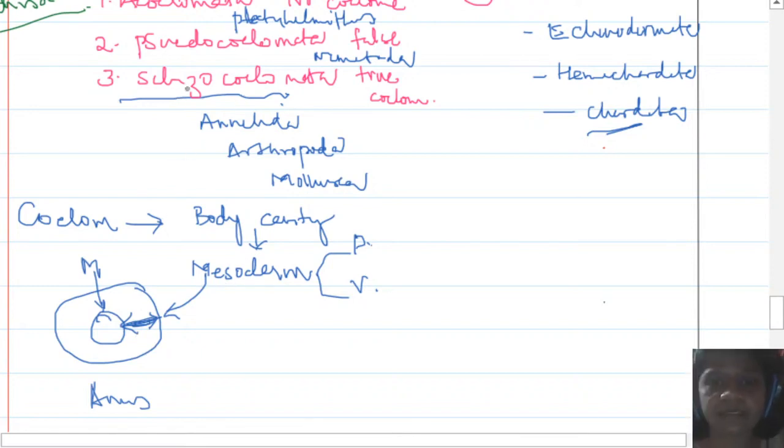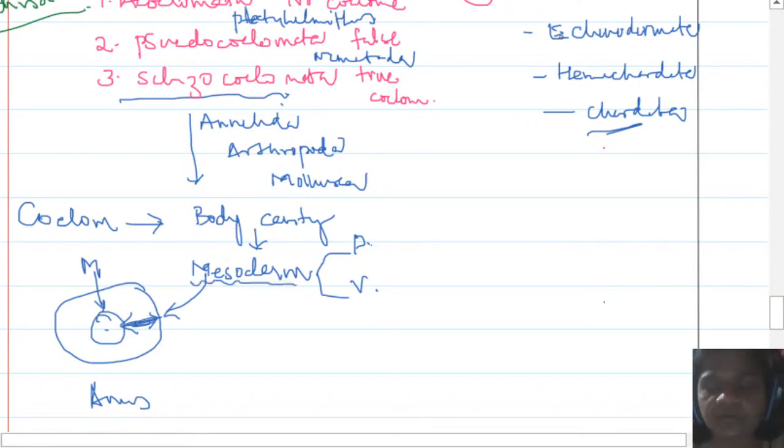And these schizocoelomates from Annelida to Mollusca, I mean these animals have a true coelom. Understand the concept of coelom. Coelom is the cavity present between the gut and the body wall. Right? There are some muscles, organs present in there, but that is the cavity which we call coelom. A true coelom is one where it is lined by a mesoderm.